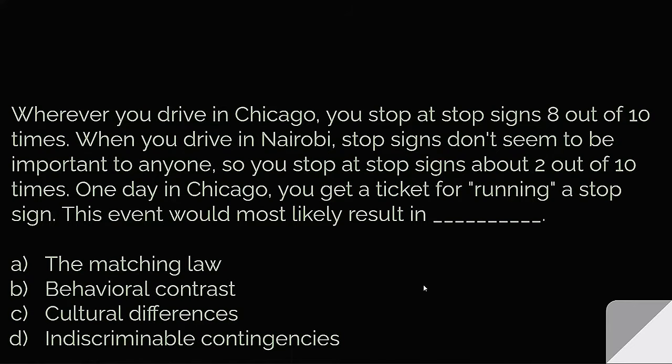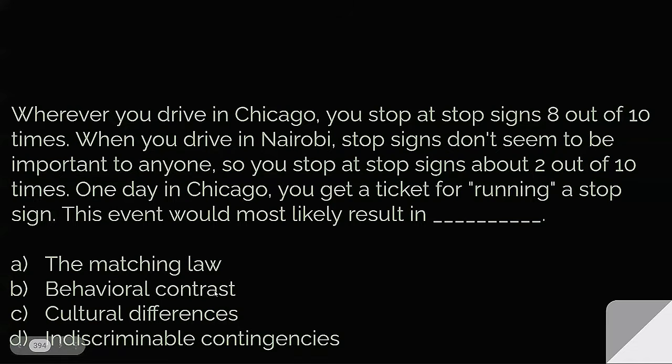And now you're likely to stop more in Chicago. So if you stop more in Chicago than you used to, you'll probably stop less in Nairobi than you used to. That's what I want you to see: we've got two schedules. They're happening at different times or in different places. Then there's a change to one of them. We would expect that the change would go in the opposite direction in the other setting or at the other time. That is behavioral contrast.